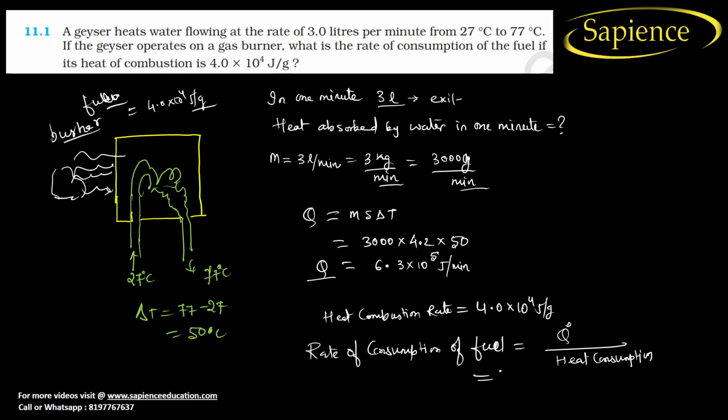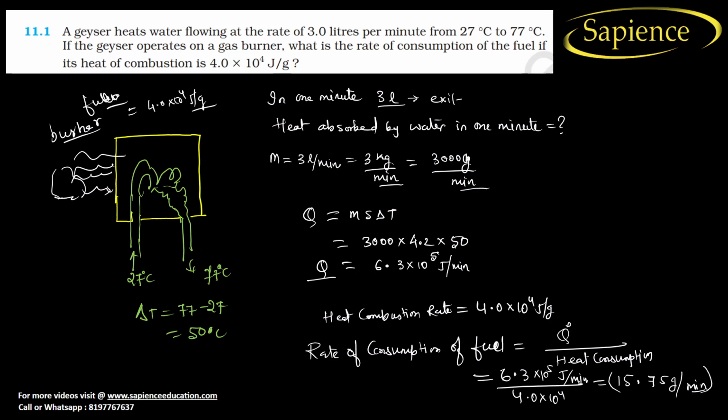So this will be 6.3 into 10 to the power 5 joule per minute divided by 4.0 into 10 to the power 4. So finally we will get the answer as 15.75 gram per minute. So this much amount of fuel has been consumed per minute. So I hope you have understood this question.